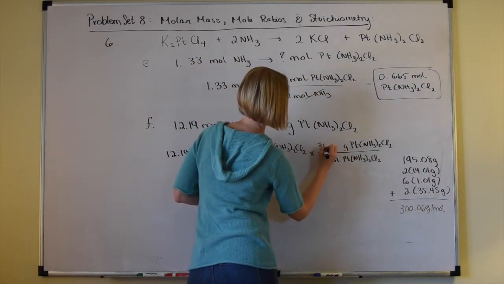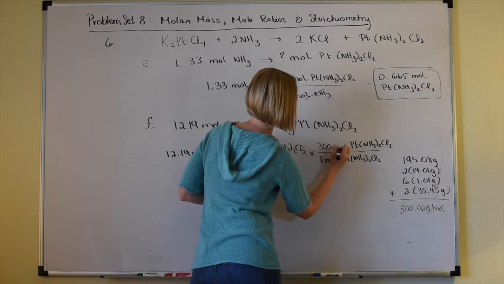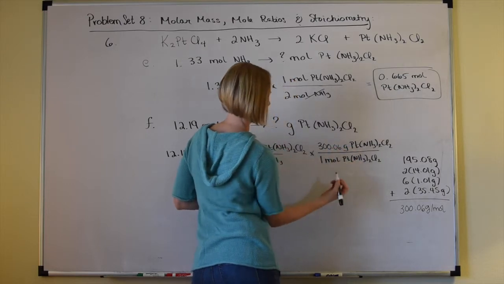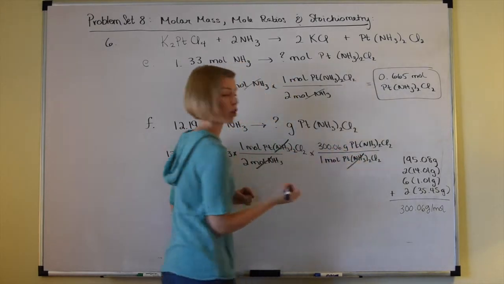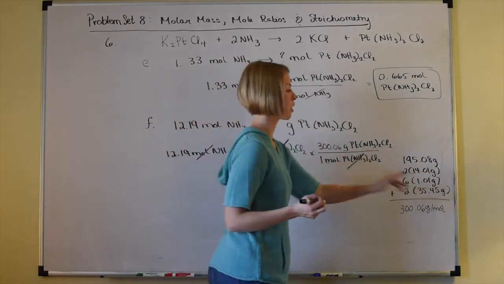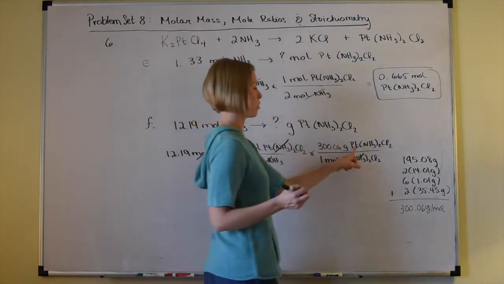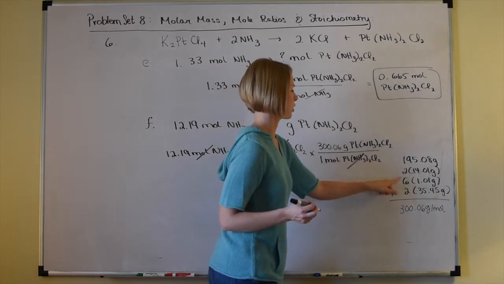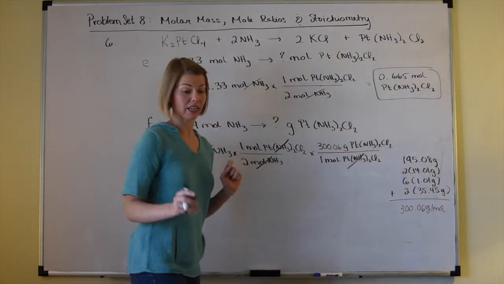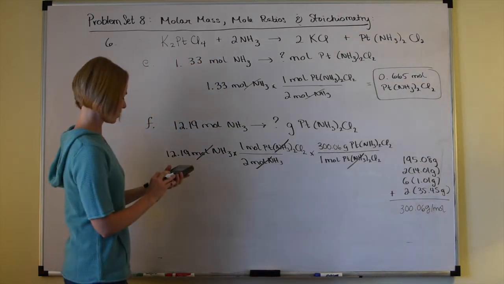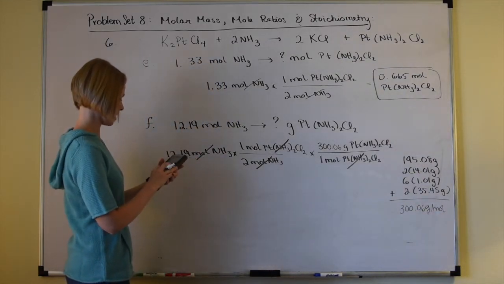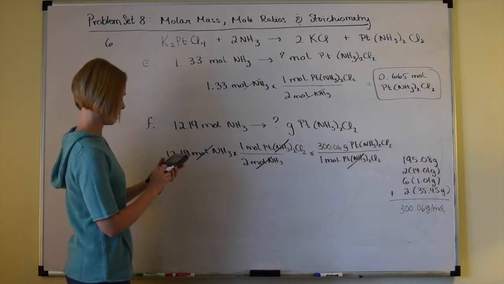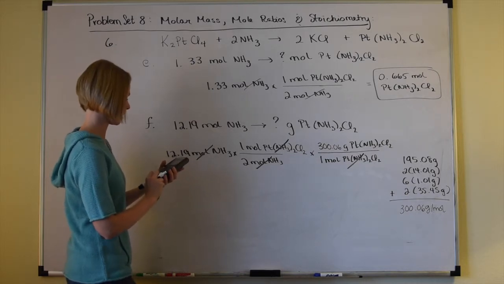All right, 300.06 grams for every mole of cisplatin. That's its molar mass. And we got all these numbers from the periodic table. For 1 mole of platinum, 2 moles of nitrogen, 6 moles of hydrogen, and 2 moles of chlorine. All right, we're ready to figure out the answer. So 12.19. We're going to divide that by 2. We're going to times by the 300.06.